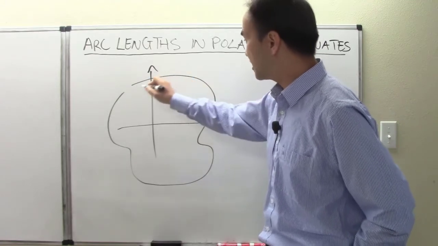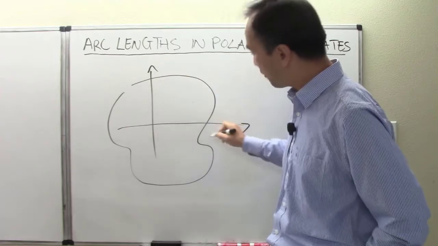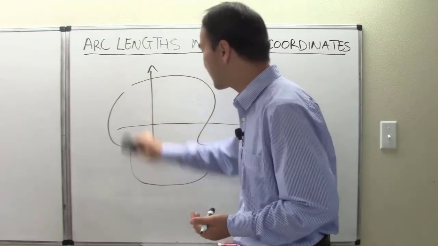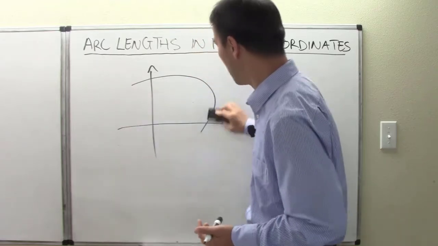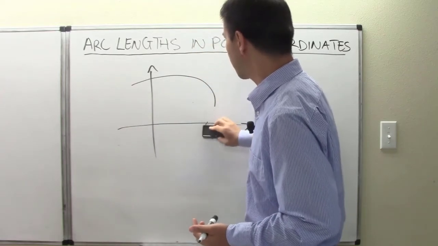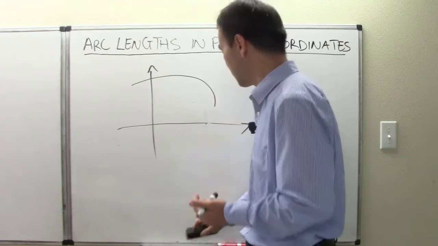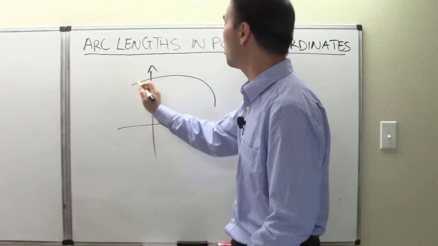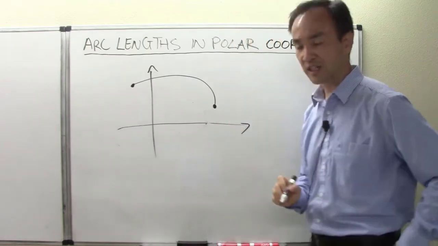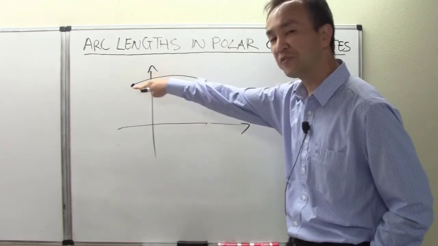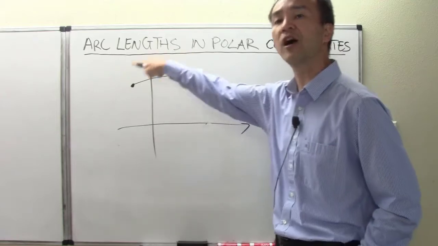And so now, instead of taking the full curve, or it could be a full curve, we're just gonna take only a portion of our complete polar curve. Okay, we're going to take one portion of the polar curve and we want to find out how long that piece of arc is.